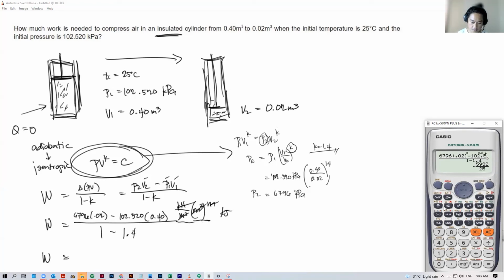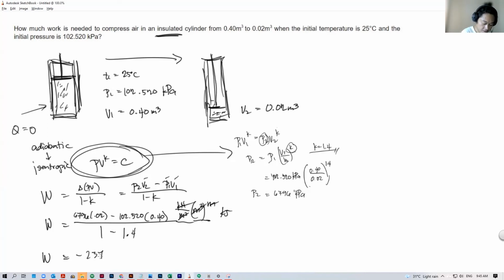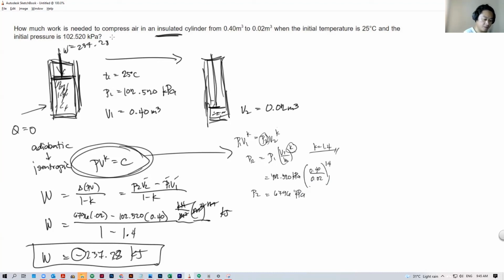This should be our answer, and this is negative 237.28 kilojoule. Negative means that work is done onto the system. This is our system here, and it needs work of 237.28 kilojoule. That's our answer.